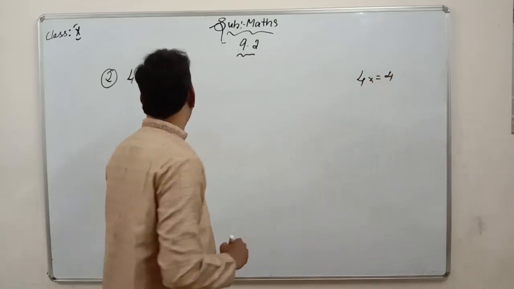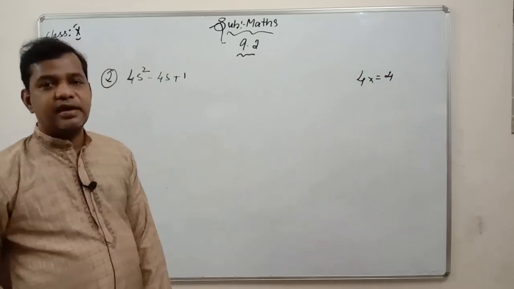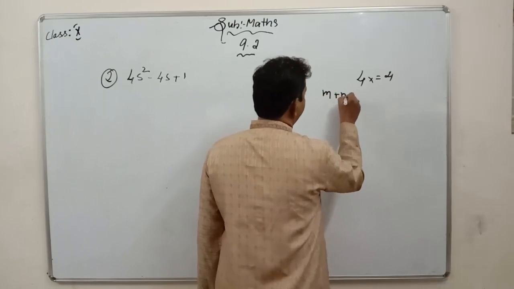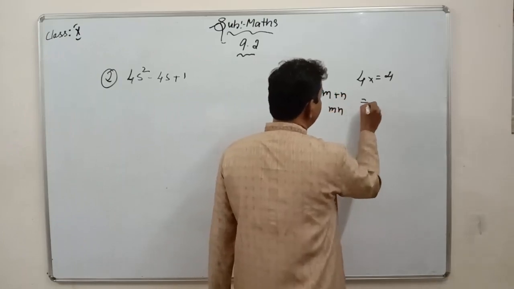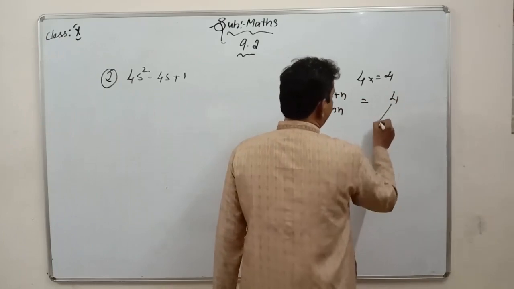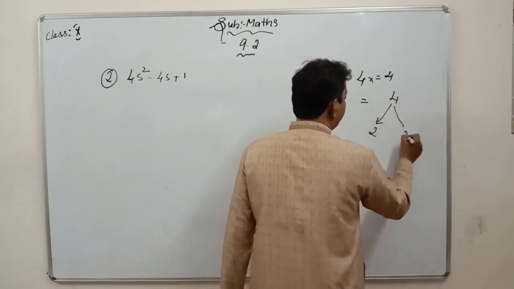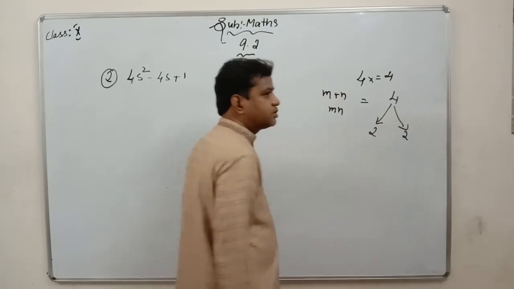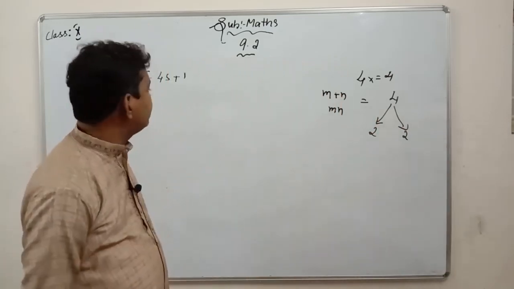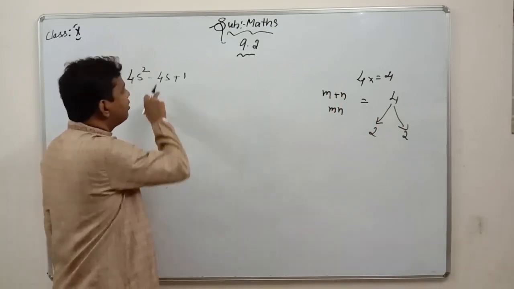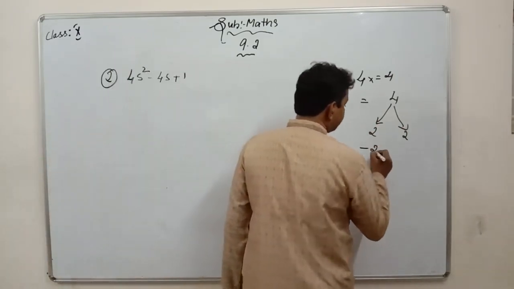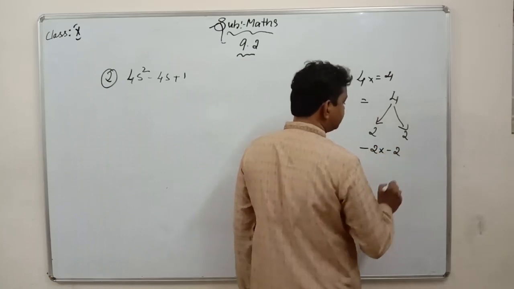So now we have minus 4s. So how will you get minus 4s? You have to go with m plus n and mn. If you are getting doubt, you can write, or else you can write directly also, no problem. So 4 is there. So you can write 2 into 2. So what is 2 into 2? 2 into 2 is 4 there. But we need here minus 4, so I can write this as minus 2 into minus 2.